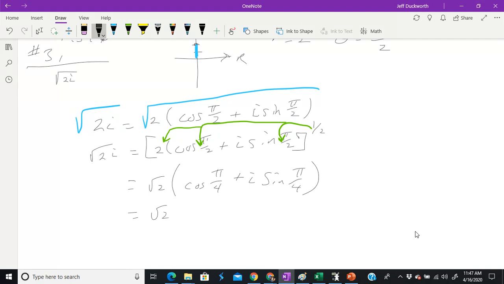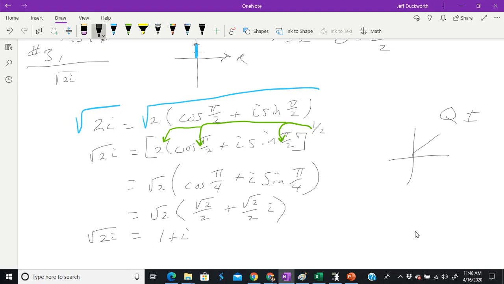Pi by 4 is in quadrant 1, and the cosine and sine are both root 2 over 2. And don't forget the i. When we multiply through by root 2, root 2 times root 2 over 2 turns into 2 over 2, so it's just 1. So this equals 1 plus i. So the square root of 2i is 1 plus i.